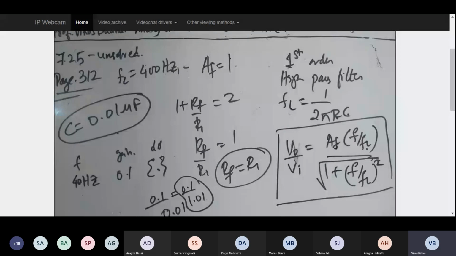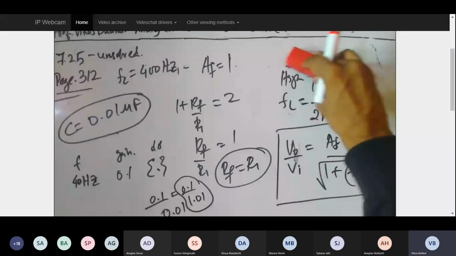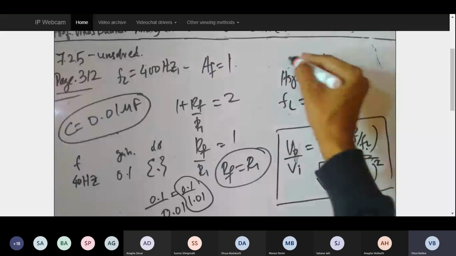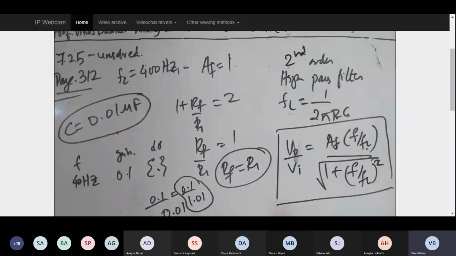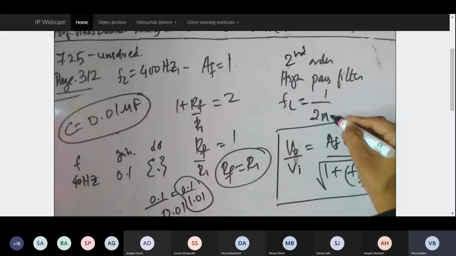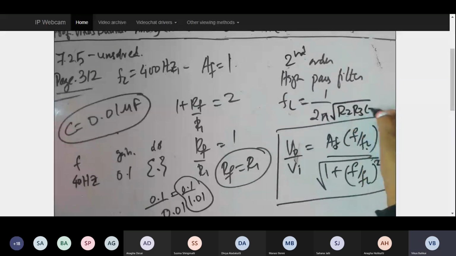Similarly, on the same line, let's just jump into what happens if a problem on second order high pass filter is given. Again, here for the second order high pass Butterworth filter, my equation will be 1 upon 2 pi square root of R2, R3, C2, C3. This will be my FL value, and accordingly you calculate FL.